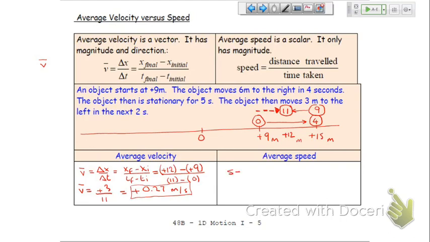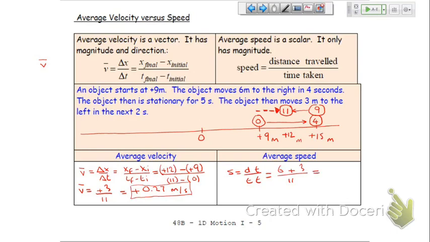My speed equals my distance traveled over my time taken. So 9 goes to 15, which is 6. And then 15 goes to 12, which is 3, over 11.